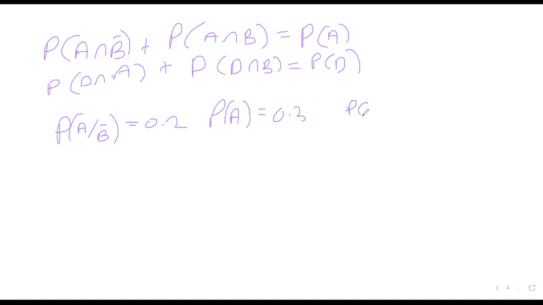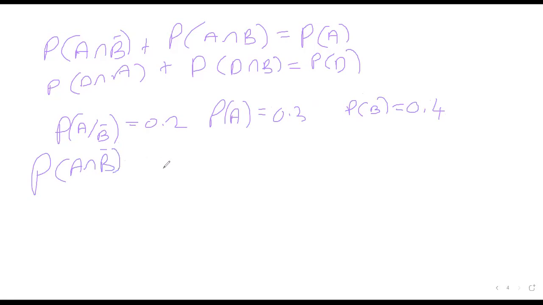Okay, so let's expand the conditional probability we are given. How do we expand this probability we are given? Somebody try. We're being asked to find the probability of A intersection B complement.